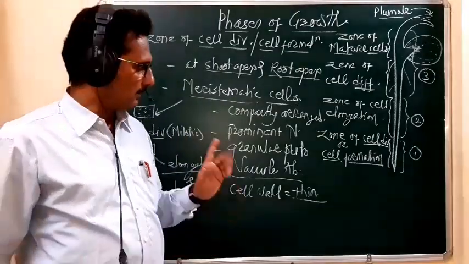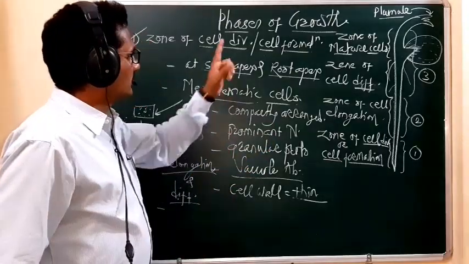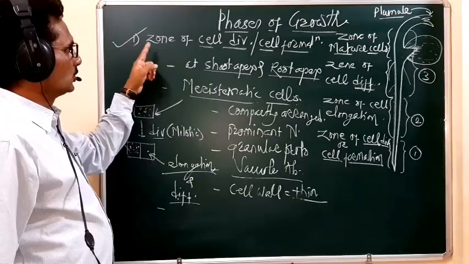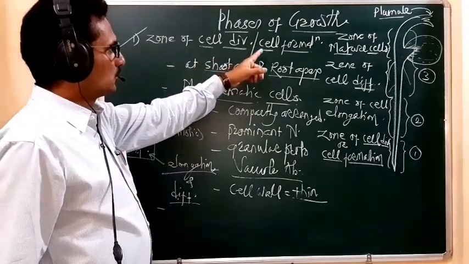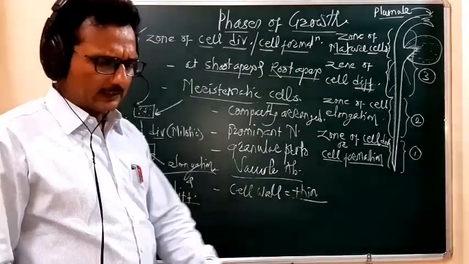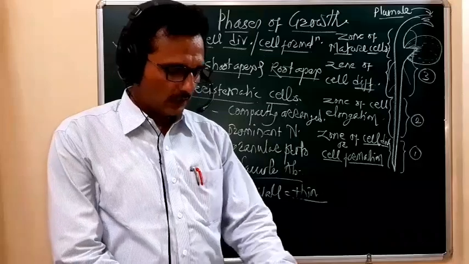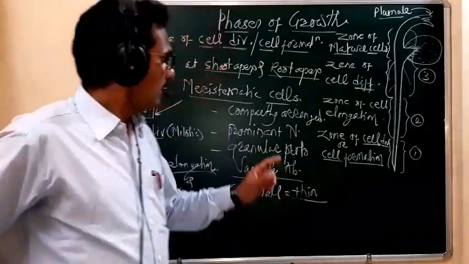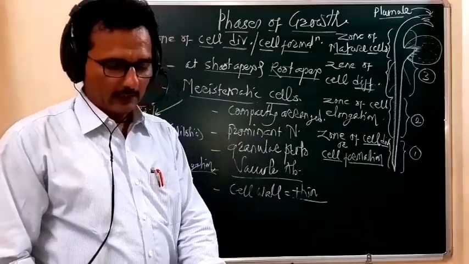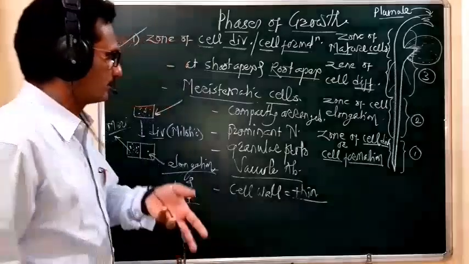So remember, student, as per this, the phases of growth, we are seeing the first phase, that is the zone of cell division and zone of cell formation. Then the next phase is the zone of cell elongation.